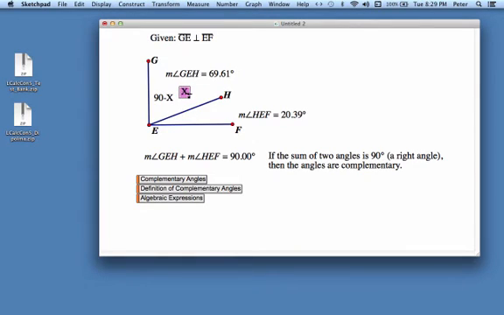It really doesn't matter which one you're calling which. The bigger angle could be x and the smaller one's 90 minus x. The algebra will work out the same. But it's important to recognize every time in a word problem you see the word the angle, you're going to interpret it as x. And every time you see the word complement, you interpret it as 90 minus x.